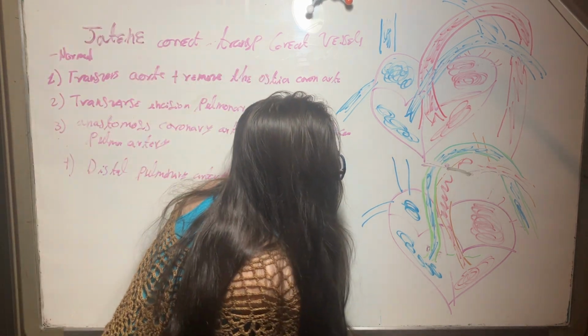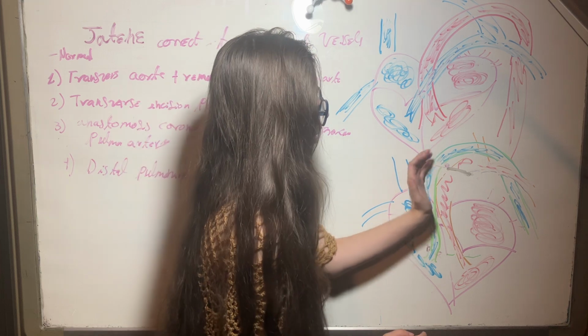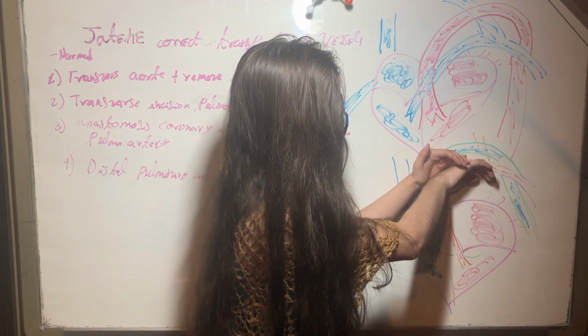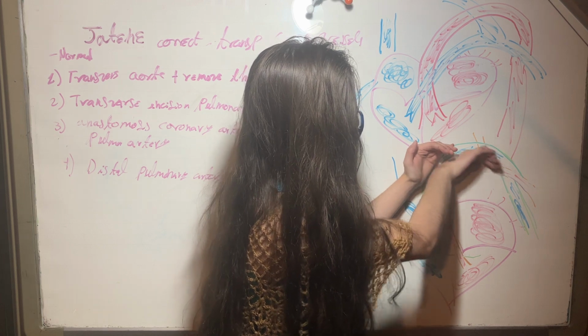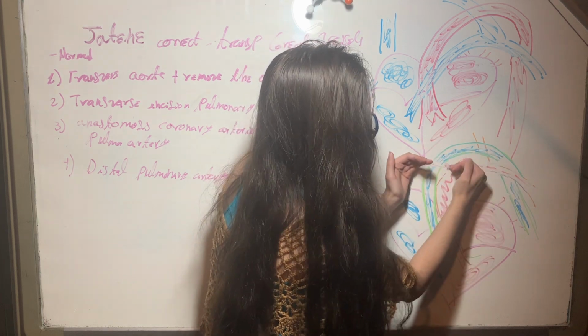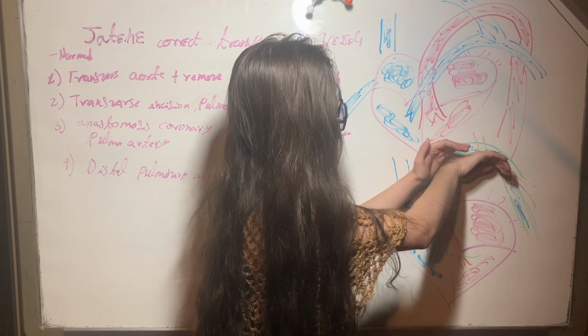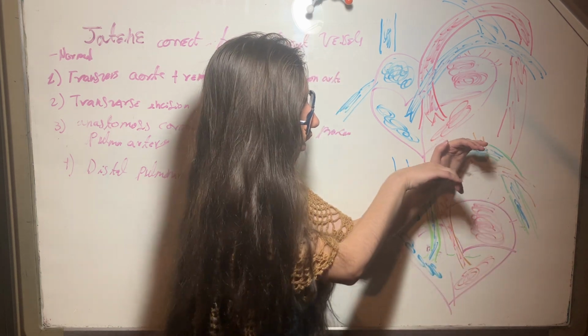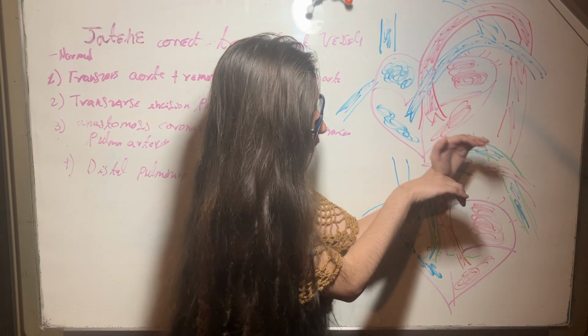So here we have the aorta, and here we have the pulmonary artery. So the distal pulmonary artery, remember that here we have a cut, is going to pass here to an anterior position relative to the aorta.